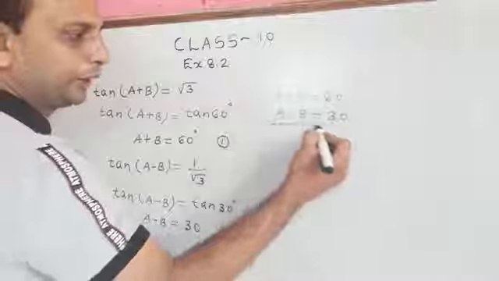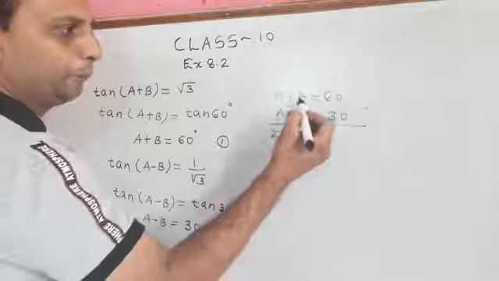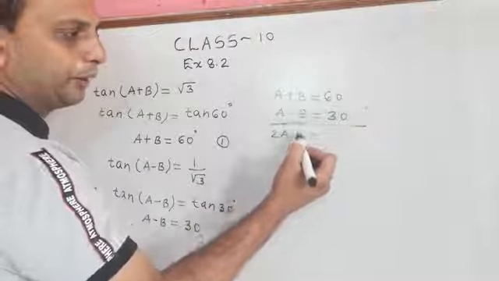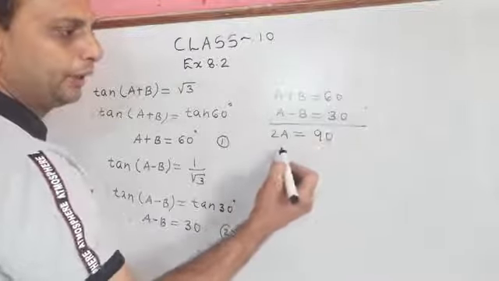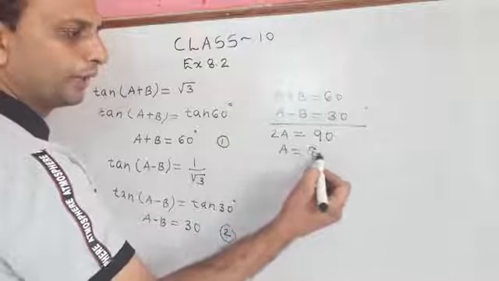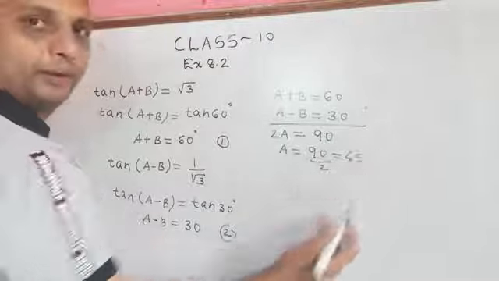Now we'll add both the equations. A plus a is 2a, plus b minus b is 0. 60 plus 30 is 90. So a equals 90 divided by 2, which is 45 degree.